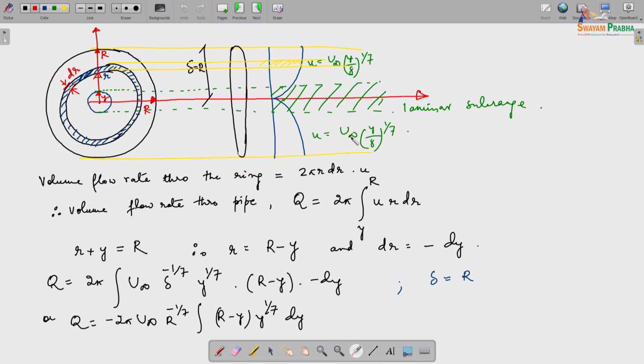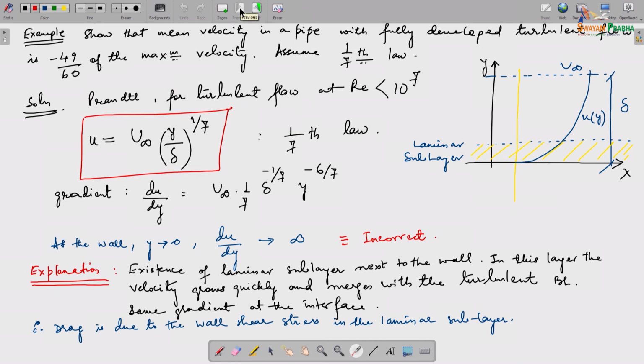In the turbulent zone, minus the laminar subrange, velocity is a fraction of the free stream and also a function of y, which is essentially the 1/7 law. That is a particular example I wanted to talk about.